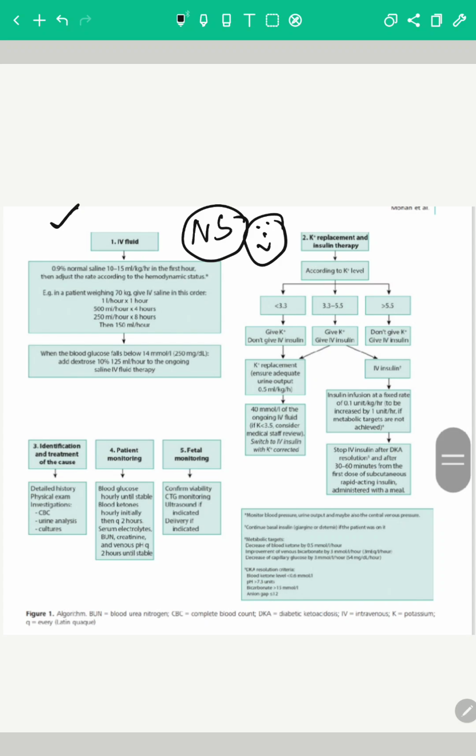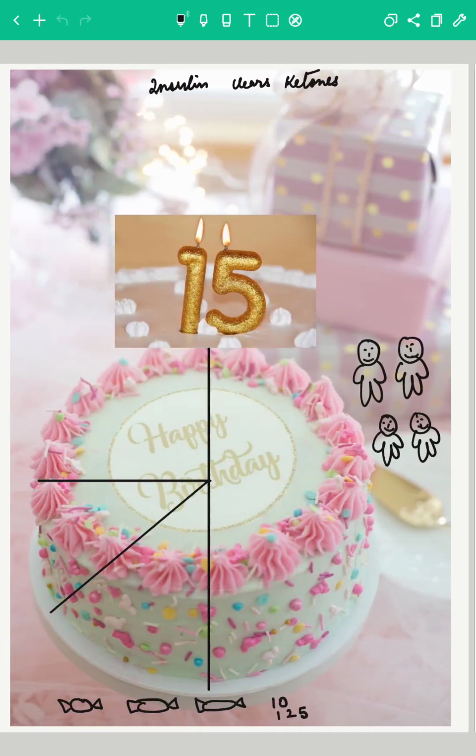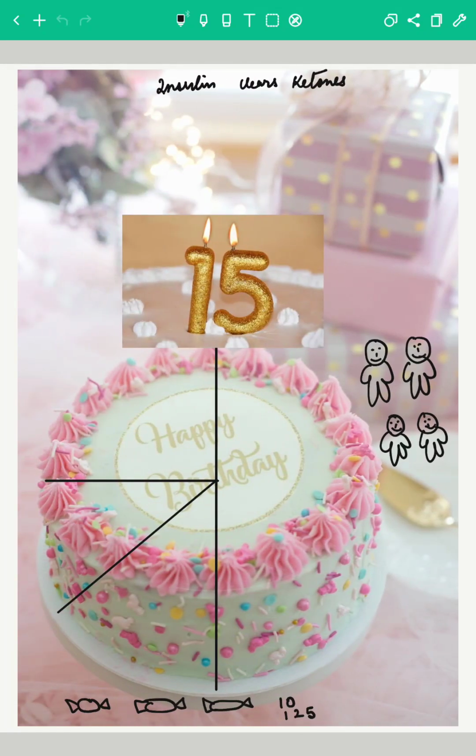Okay, now to understand the fluid therapy in DKA, we have to think of a birthday party. This is a very, very wonderful birthday party going on, and in the first hour of the birthday party, we have so many guests. In the first hour, we all know first come, first served basis.